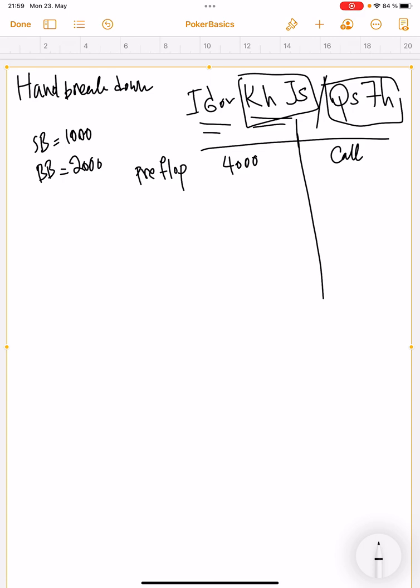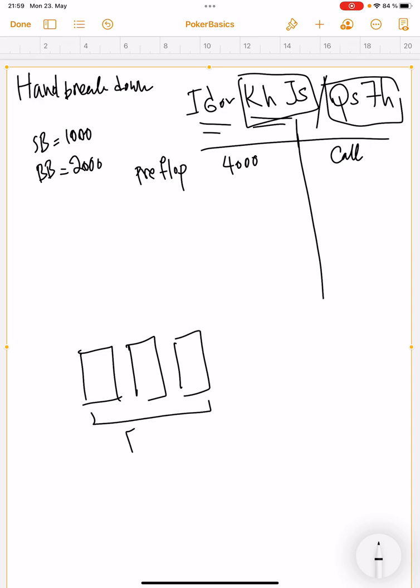And then here comes the flop, as we discussed. The flop comes 6 of hearts, Ace of clubs, and Jack of hearts. So Igor pairs his Jack, right?